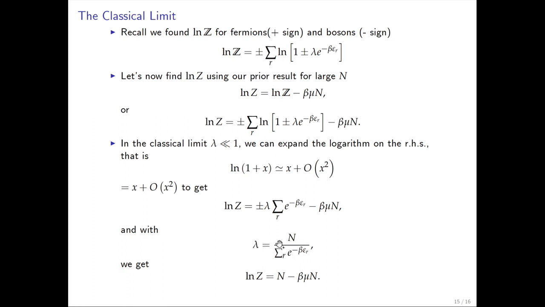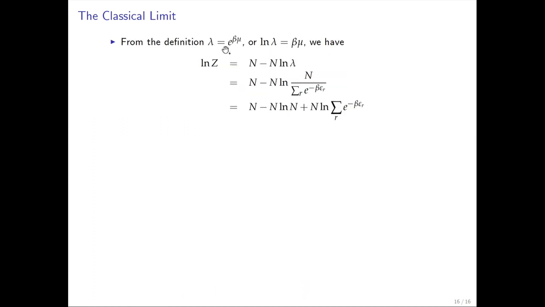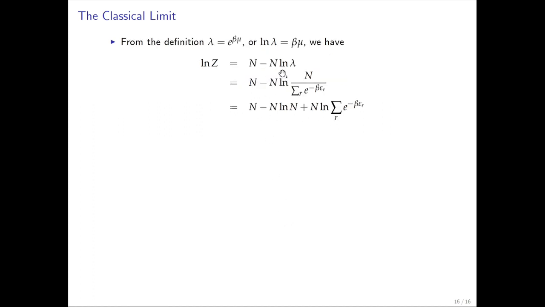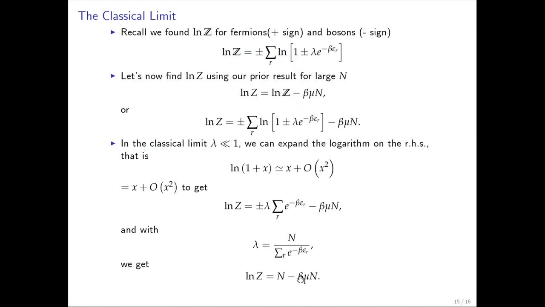We plug in again what we found for lambda, and we see that that cancels and just becomes the total number of particles N. This becomes minus beta mu N, and oh right, wait a minute, we had this definition of lambda, because lambda equals e to the beta mu. In other words, log lambda is beta mu. So we could write this term as N minus N log lambda, right? This is log lambda, and that's N log lambda.